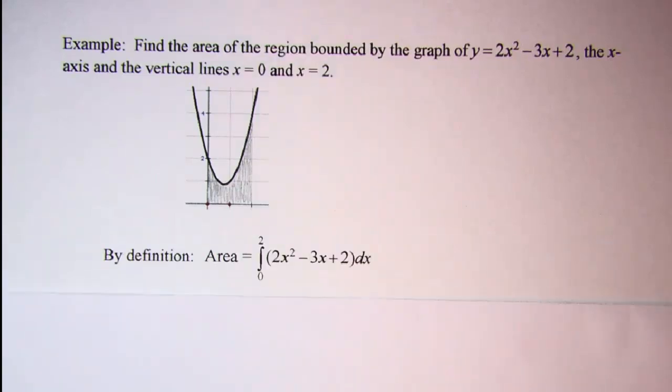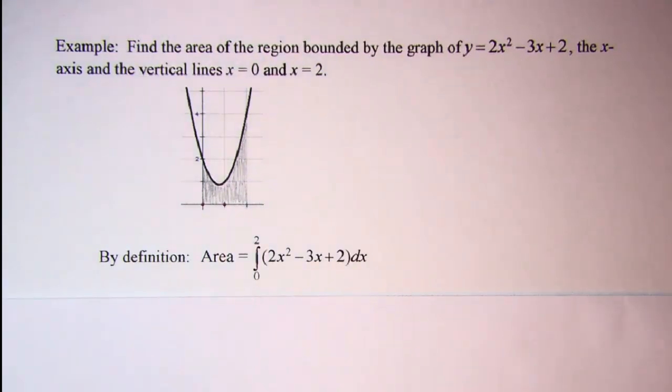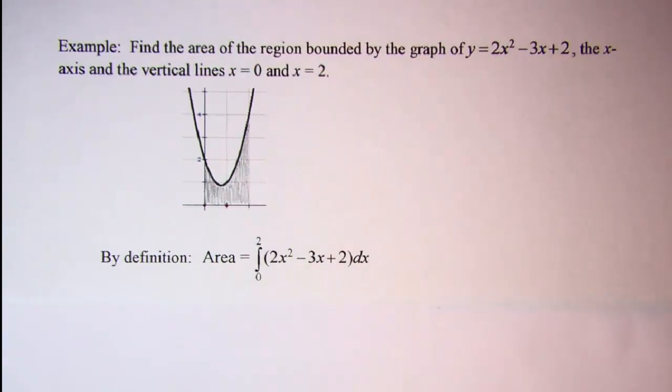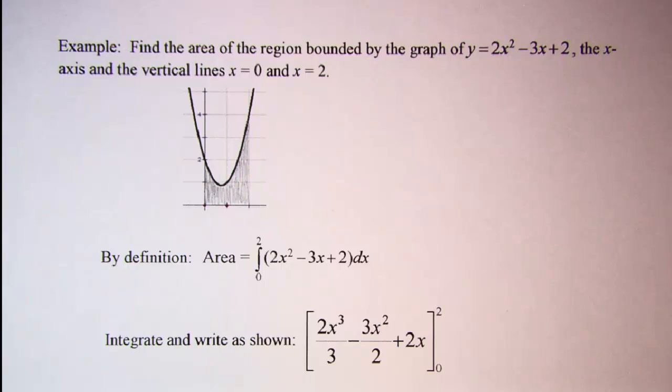So by definition, the area will be the integral of that function from 0 to 2. We integrate, we get 2x cubed divided by 3 minus 3x squared divided by 2 plus 2x.